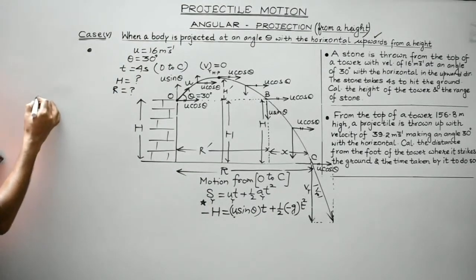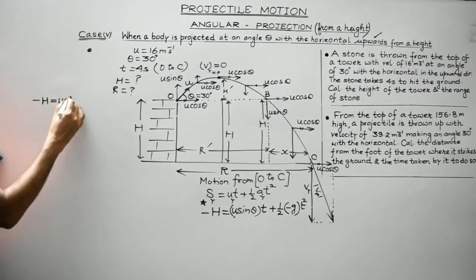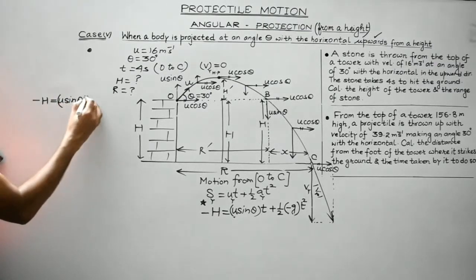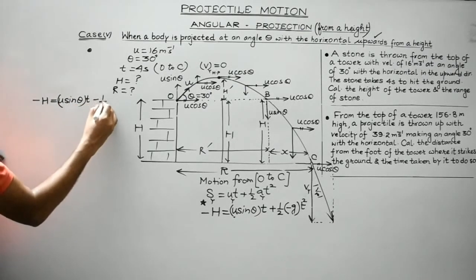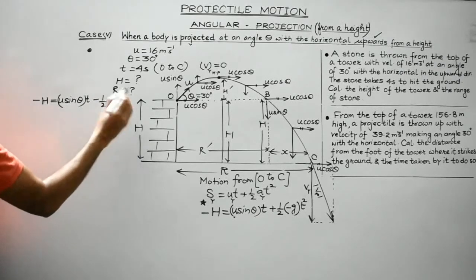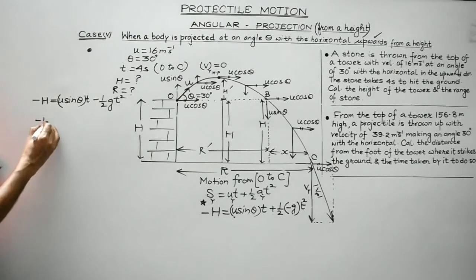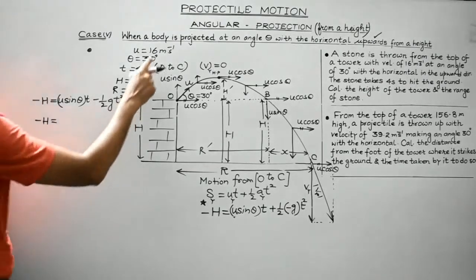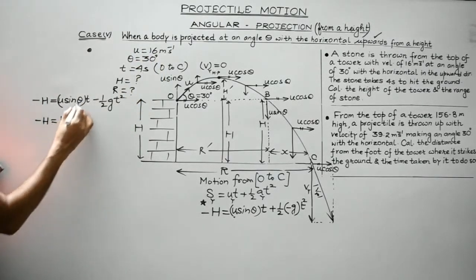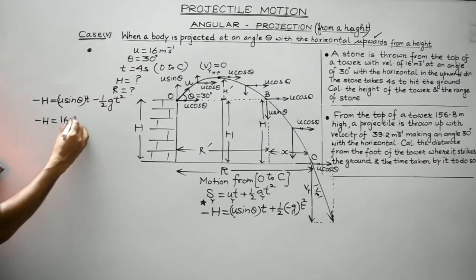I'll write down the equation: minus h is equal to u sine theta t minus half g t square. Right? Okay. Let's solve it. Minus h is to be calculated. u is given to be 16. Theta is given to be 30 degree. Sine 30.